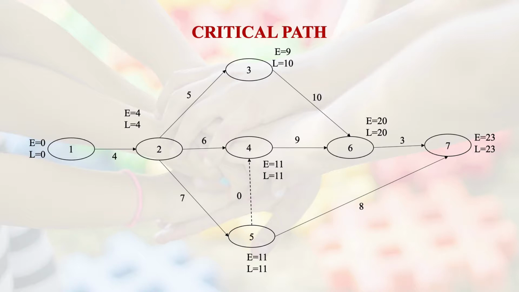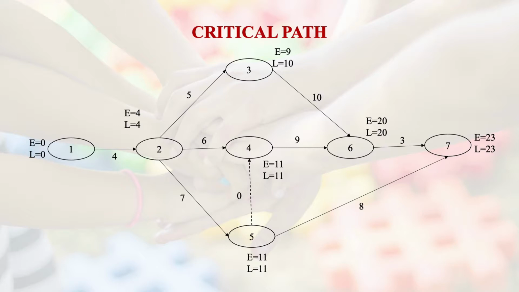From 1 to 2, when you have moved, there was the possibility of 2 to 4 or 2 to 5. So which activity is critical? 2 to 5, because that led to E equals 11 for 4. Therefore 2 to 5 has been selected, and then 5 to 4, and not 5 to 7. Why? Because at 7, L equals 23 and E equals 23, and over here E equals 11 plus 8, it becomes 19, less than that.